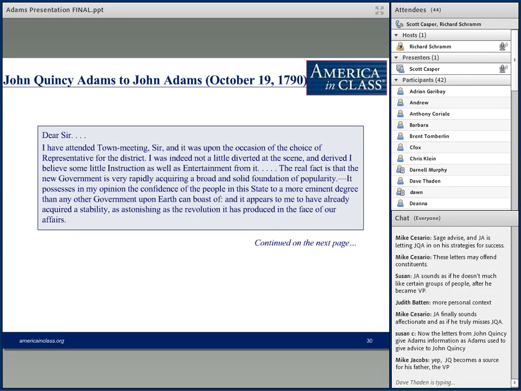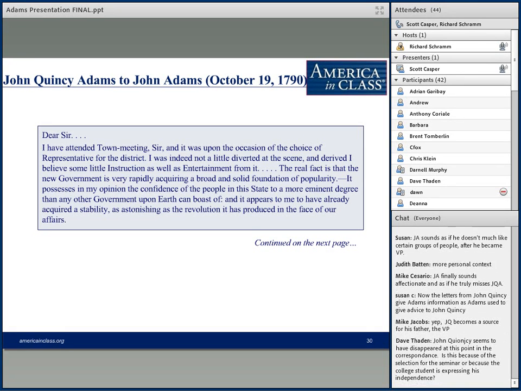John Quincy is going to a town meeting. It's only 2 years, a little more than 2 years after Massachusetts ratified the Constitution. Massachusetts ratified the Constitution in the middle of 1788. And in Massachusetts, the ratification of the Constitution was very, very close and very, very contentious.